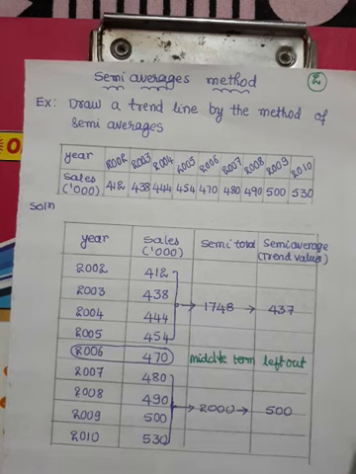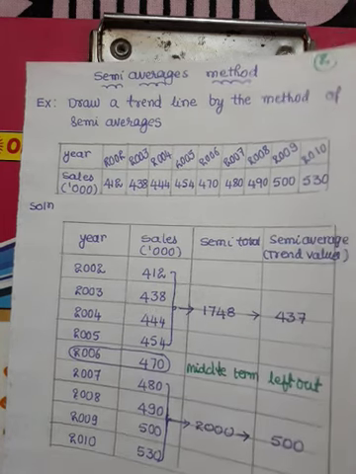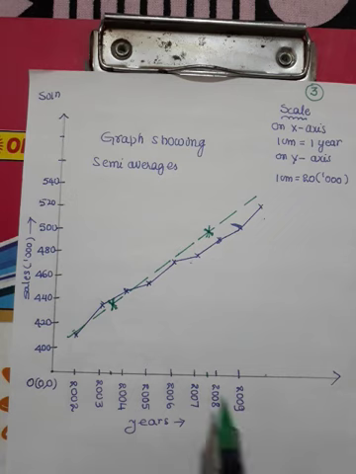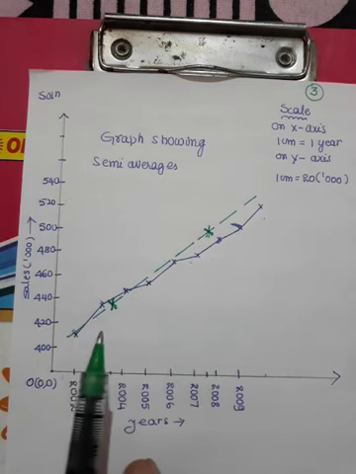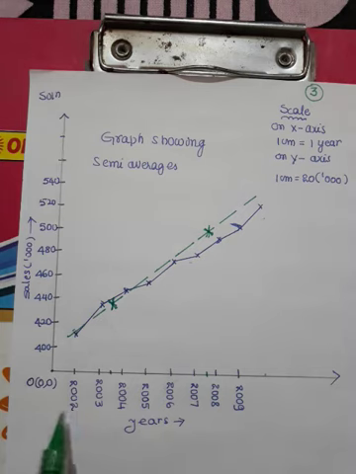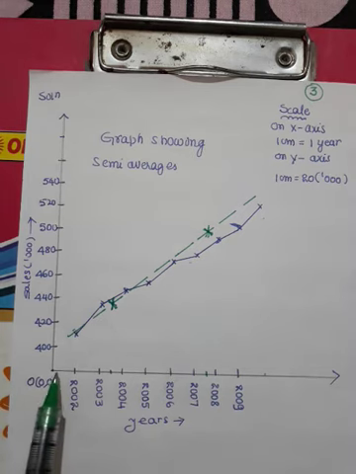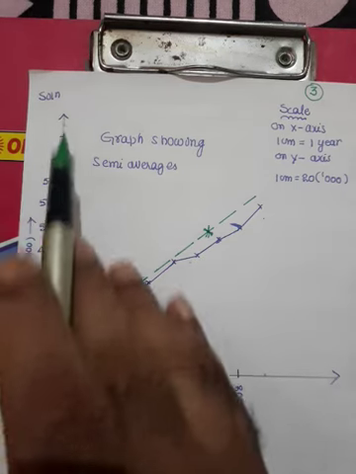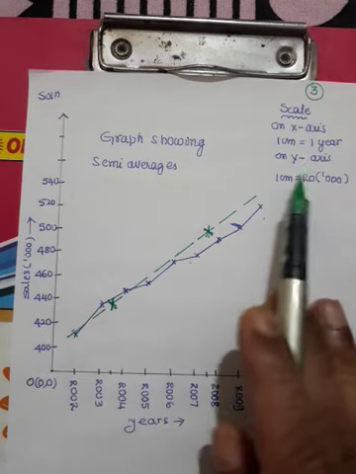Now, these semi-averages are to be drawn on a graph. This is the graph of semi-averages. Here also, the years are taken along the x-axis and the values, sales in thousands, are taken along the y-axis. The scale is given here.